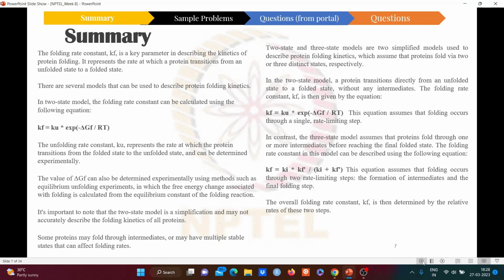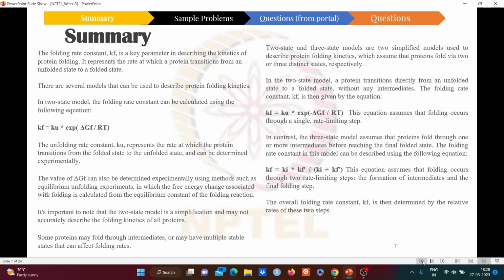Ki is the intermediate formation rate constant, Kf' is the final folding step rate constant. This equation assumes that folding occurs through two rate-limiting steps, that is, formation of the intermediate and formation of the final folded state. The overall folding rate constant Kf is then determined by the relative rates of these two steps.